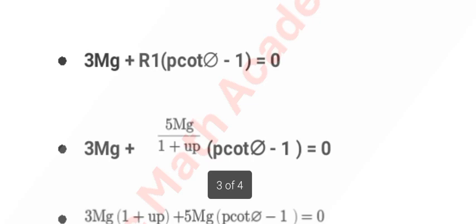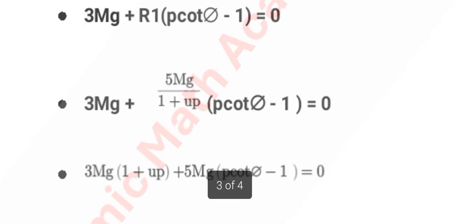So that's why you just substitute. You have 3mg plus 5mg divided by 1 plus UP times P cot theta minus 1 is equal to 0. Now, from there you multiply all through by 1 plus UP, left hand side and right hand side, everything.